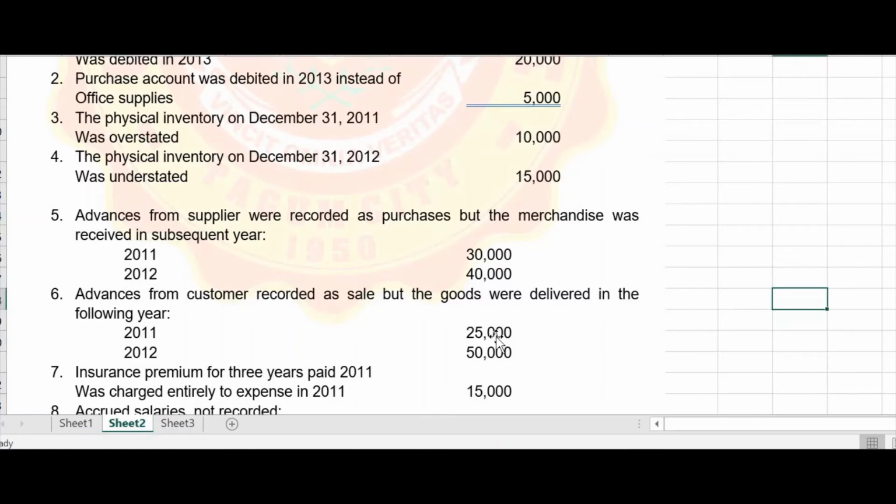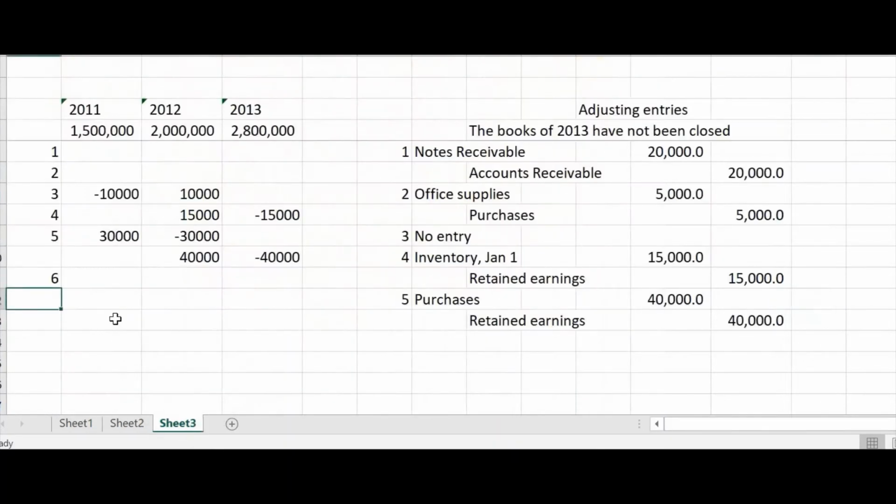Though dapat ma-record mo siya as sales for 2012. So the same thing happened in 2012, di ba? The effect of the error, since overstated yung sales, of course, overstated yung net income mo by 25,000 for 2011.